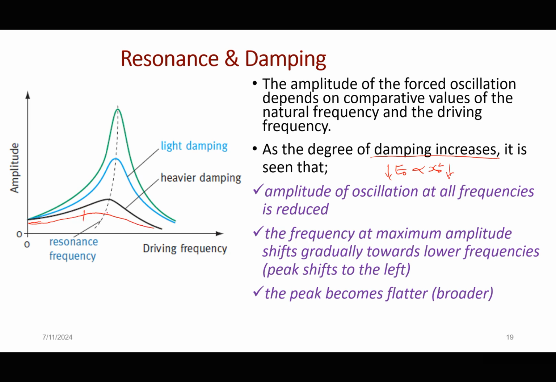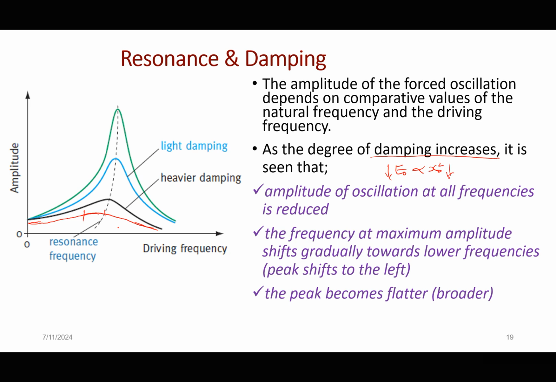The peak will have a wide range of values, so it becomes even flatter. So as damping increases, the peak becomes flatter, the peak shifts to smaller values of frequency, that is, towards lower frequencies, and the amplitude of oscillation at all frequencies is reduced. So that is if damping is increased.